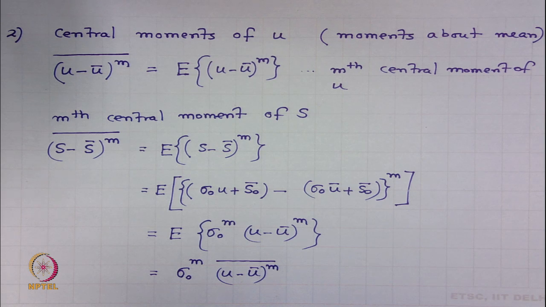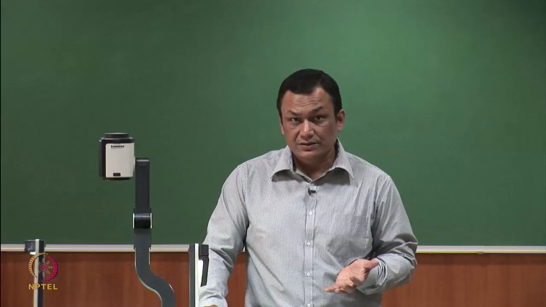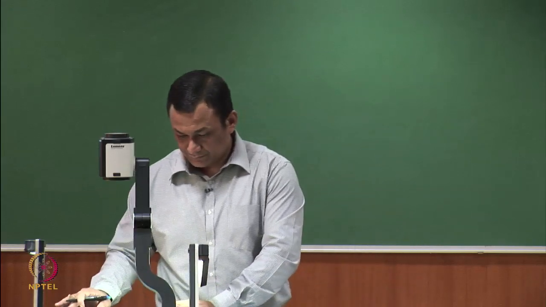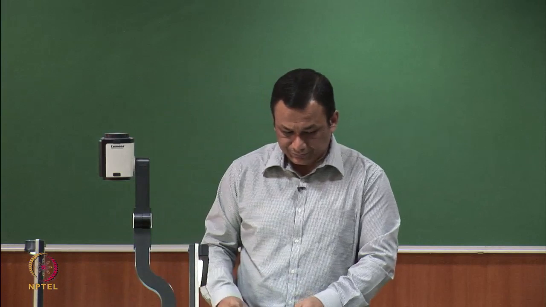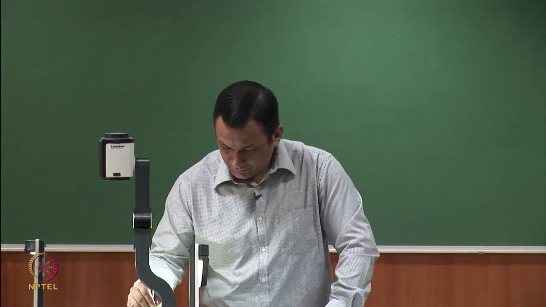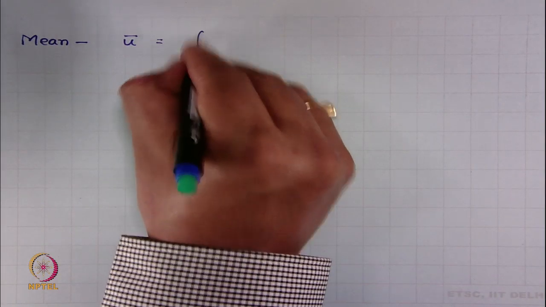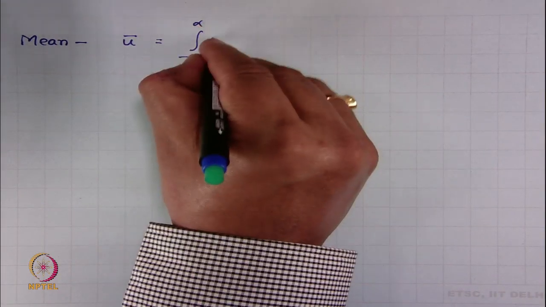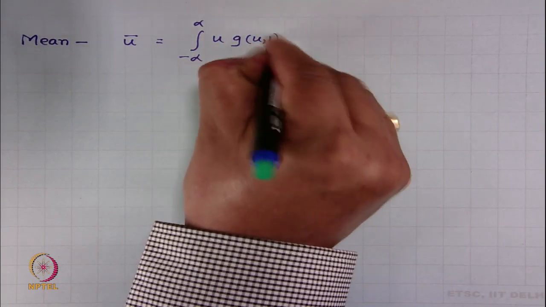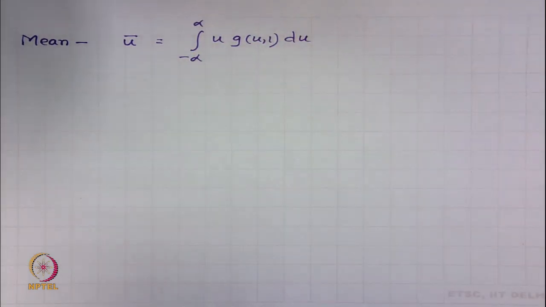If we now put m equal to 1, 2, 3 in these equations, we will obtain different moments. For example, the mean value u bar is the integral from minus infinity to plus infinity of u g_u(L) du, right.